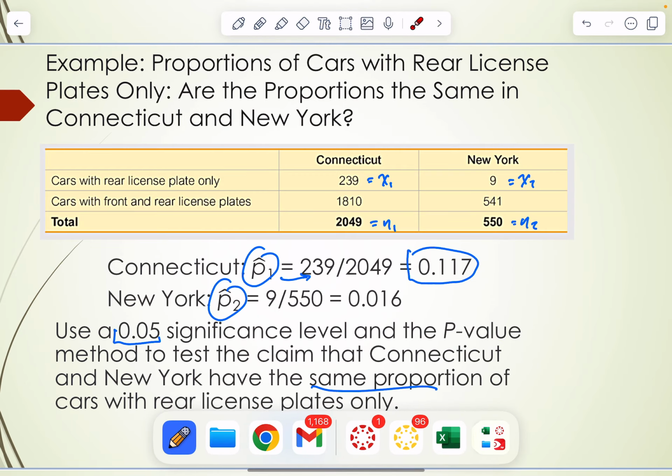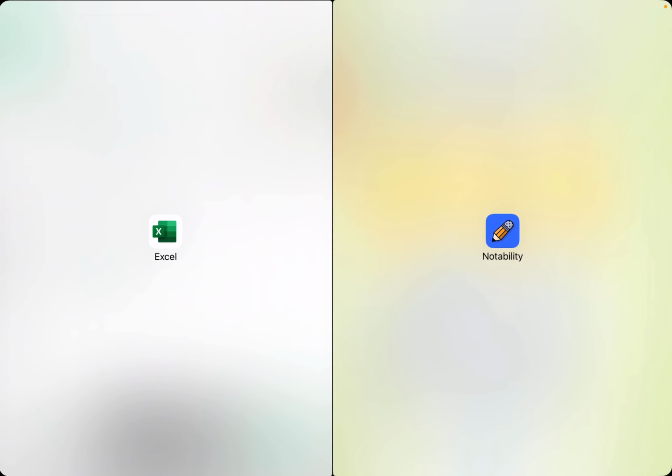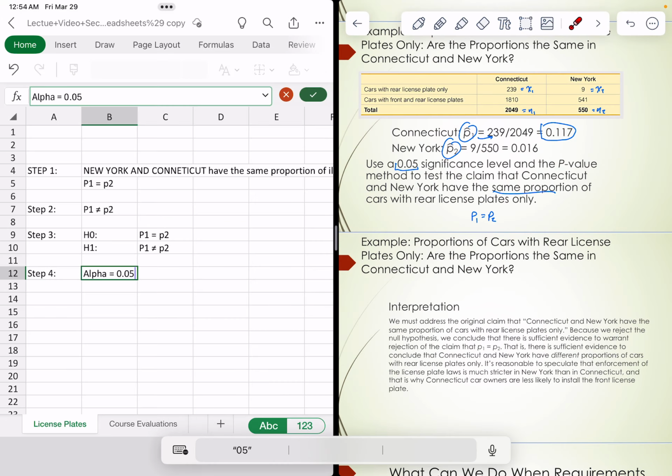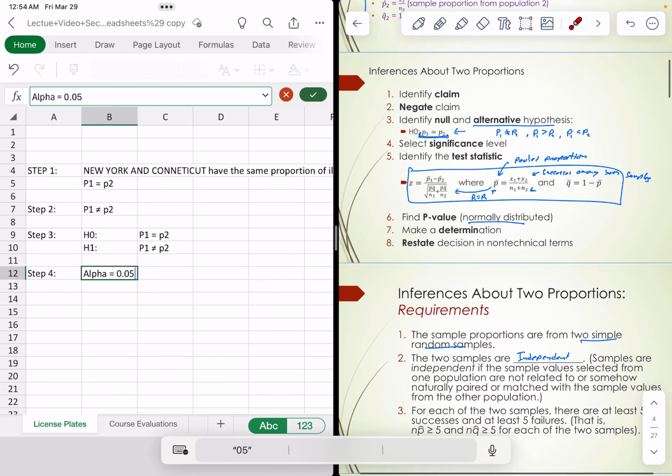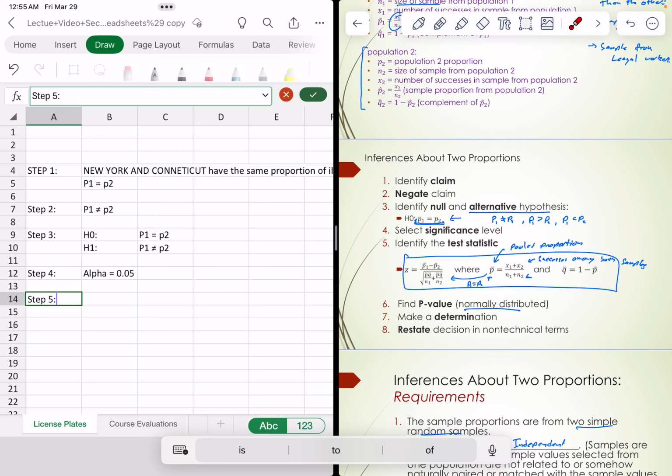All right, go back. Let me go like this. There. That's nice, because I'm going to want my test statistic. Okay, step 5 now is test statistic. It is given to me in the above slides. Maybe I'll just write it in.